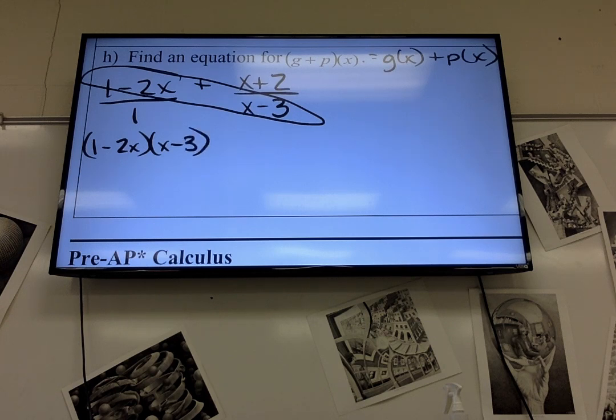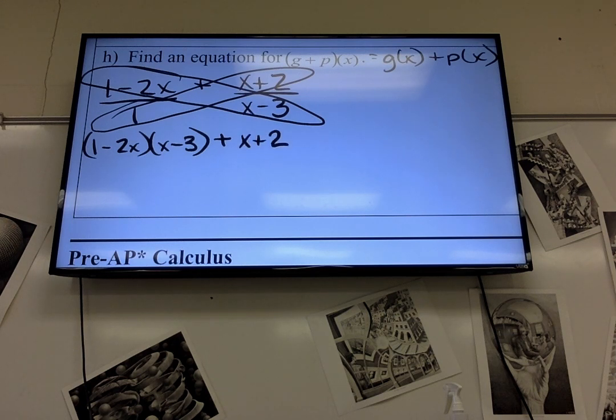Then whatever sign is in between the two fractions. So if I'm adding the two fractions, I put plus here. If I was subtracting the two fractions, I'd put subtract here. And I multiply the other way. So I multiply 1 times x plus 2, which is just x plus 2.